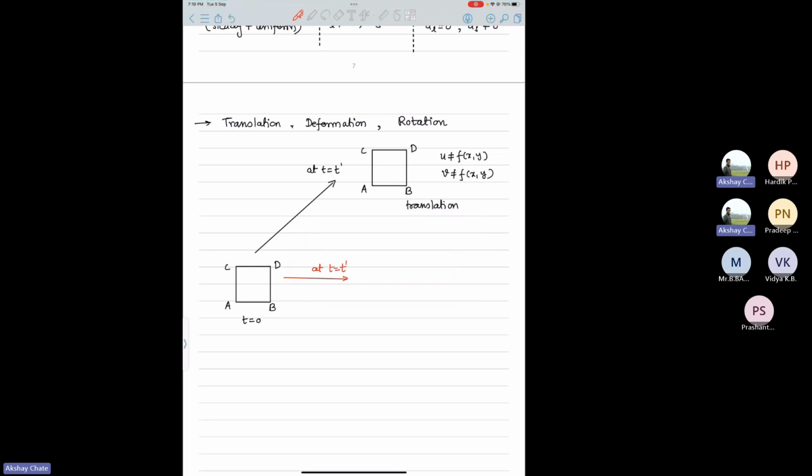Anyway, what I mean by this is, if it's a pure rotation, let's say it is rotating clockwise, then it will become something like this.